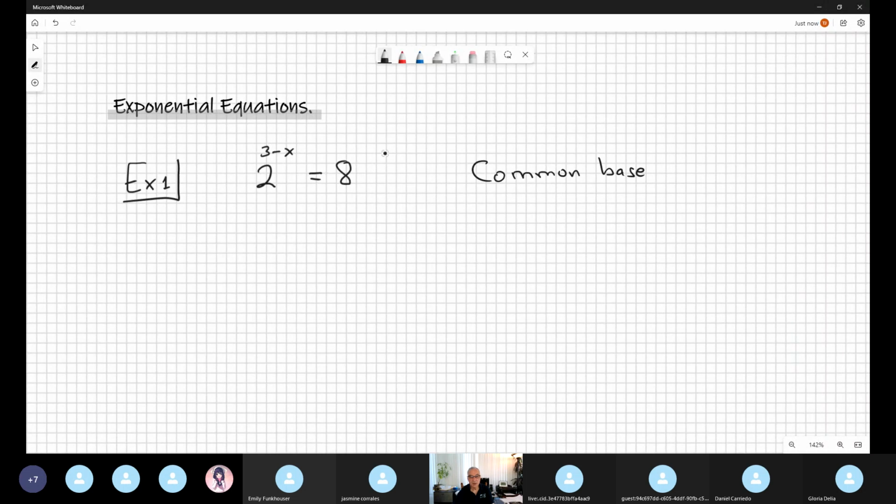Then it's obvious, you copy here in the corner of the piece of paper that 2 is 2 to the 1 power, no? And 8 is 2 to the 3rd power. Then we can find a common base, which by the way is 2, no? Then you rewrite 2 raised to the 3 minus x and just bring down equal, instead of 8 you put 2 to the 3rd power.